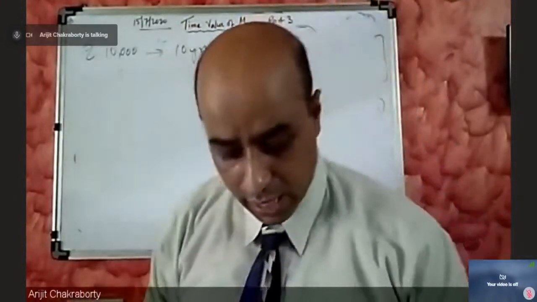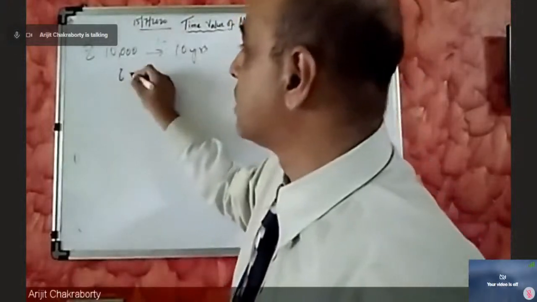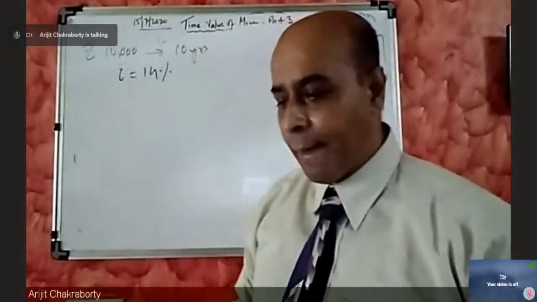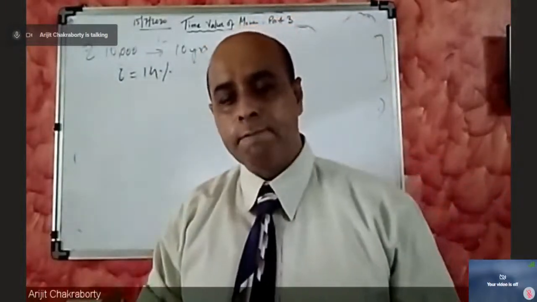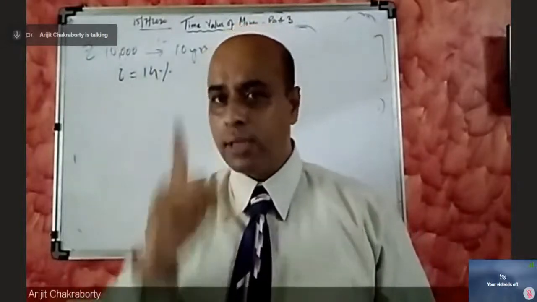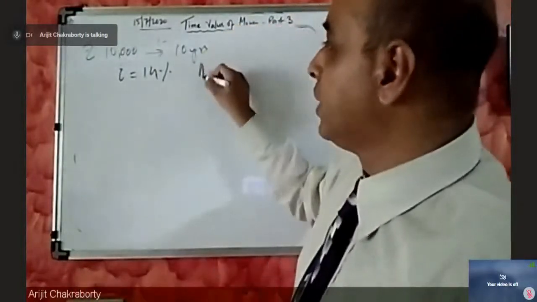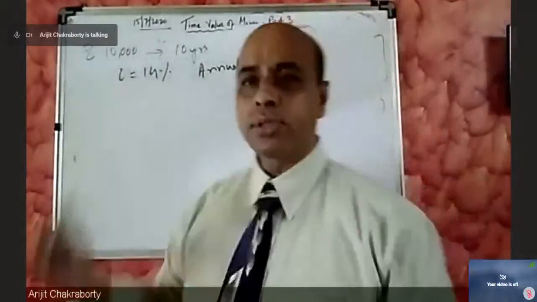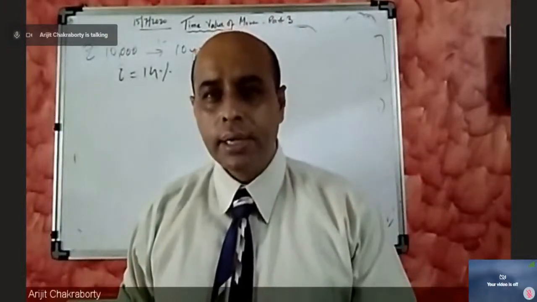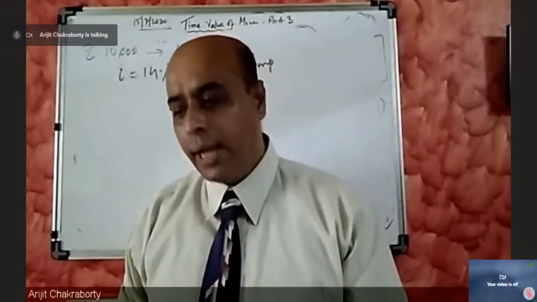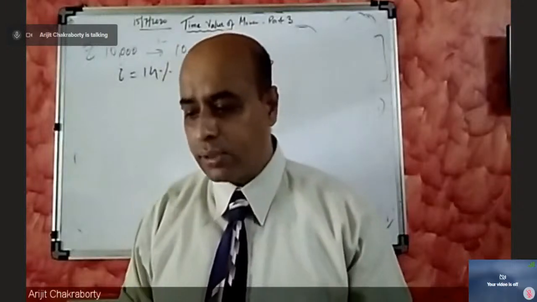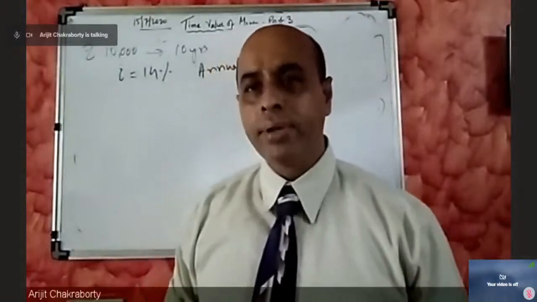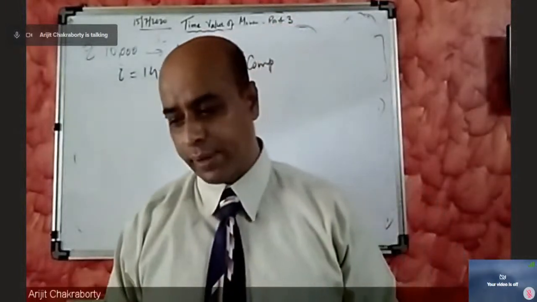So interest rate i is 14%, and it is compounded annually. Compounding is done on an annual basis, once a year. So what is the loan amount we have to find out, if the interest rate is 14% and the compounding is annual?